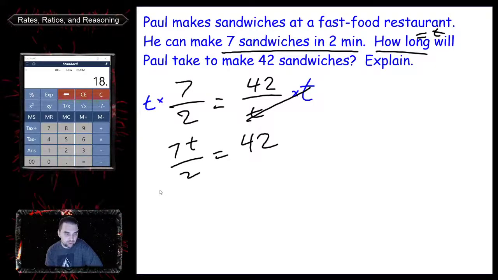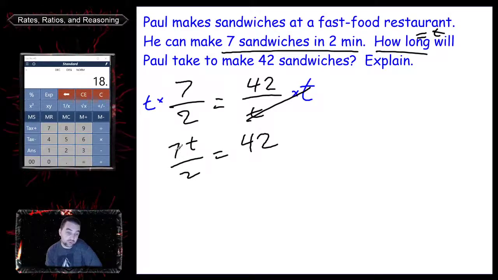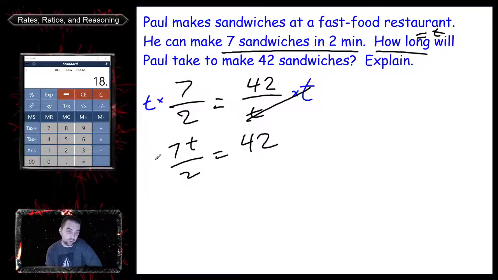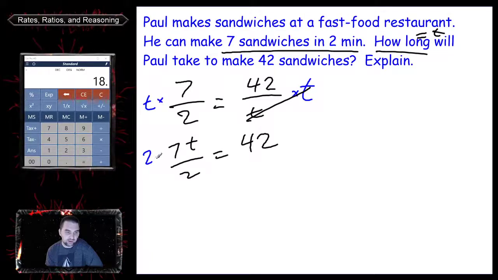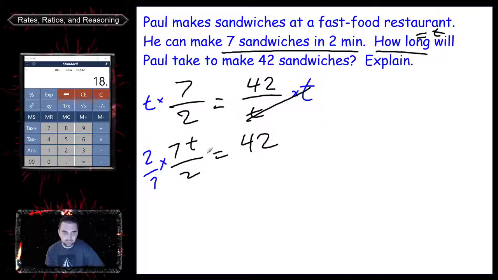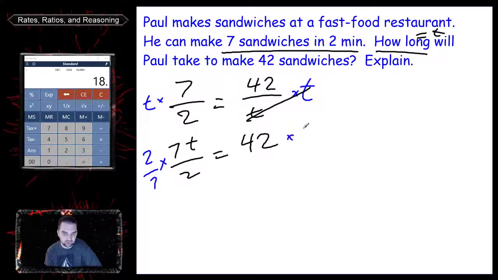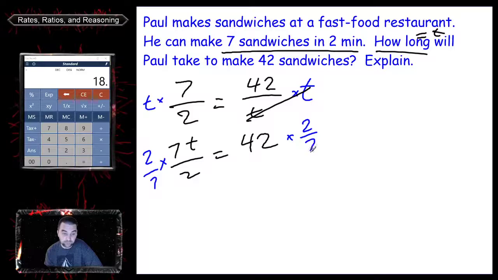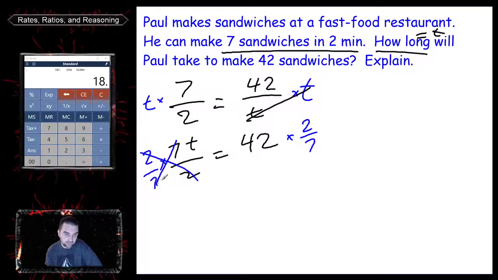Now, what am I going to do here? Well, the T is not on its own, so I need to look at what's the opposite of multiplying by 7 and dividing by 2. Well, that's dividing by 7 and multiplying by 2. So I can just flip that fraction and it works out. And I do that to both sides. These cancel out.